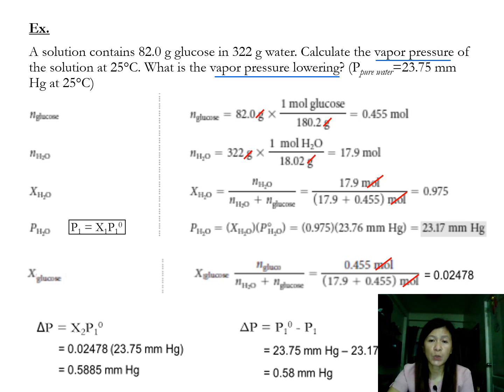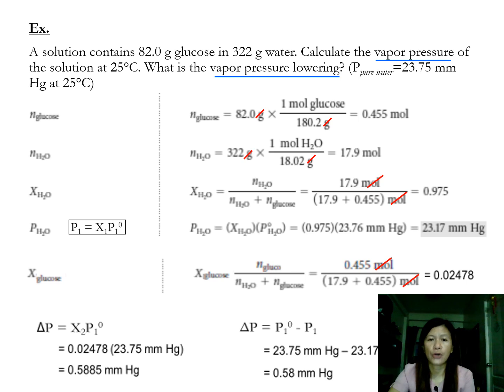Getting the difference between 23.75 and 23.17, the answer is 0.58, which is similar to the answer in the first computation for the same vapor pressure lowering.